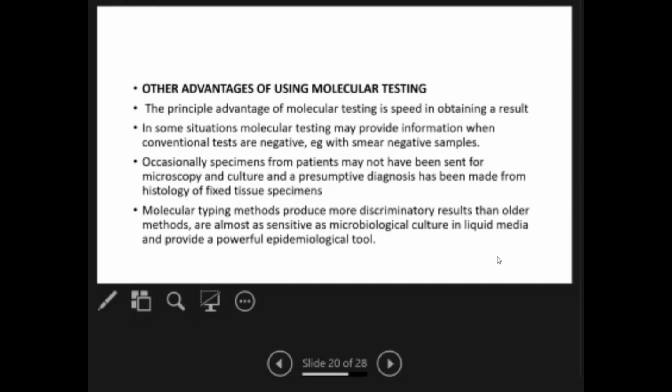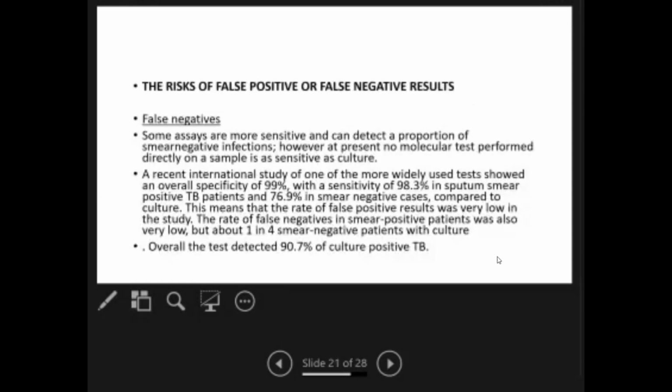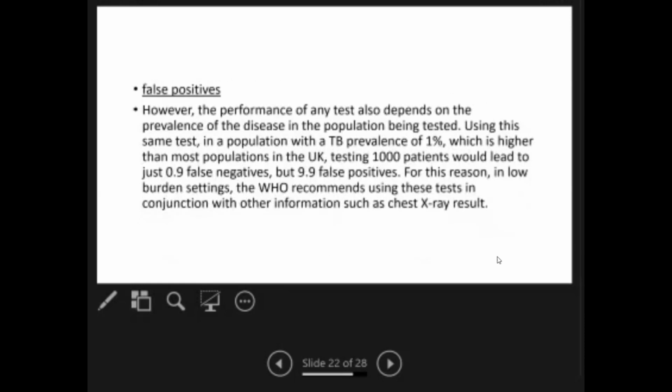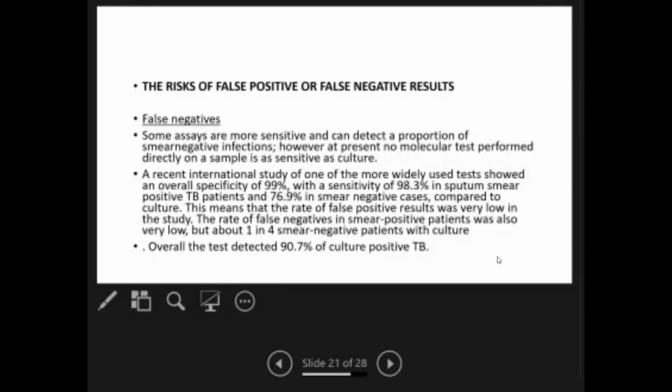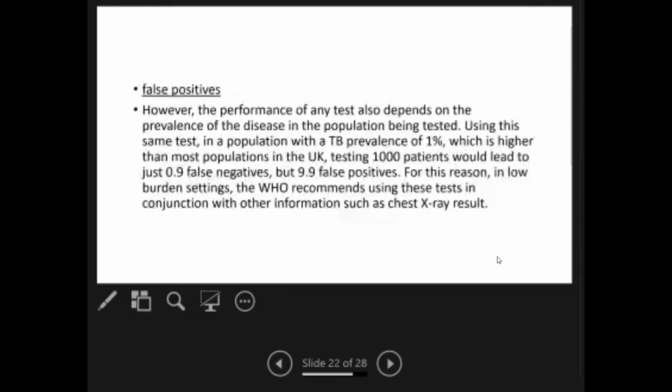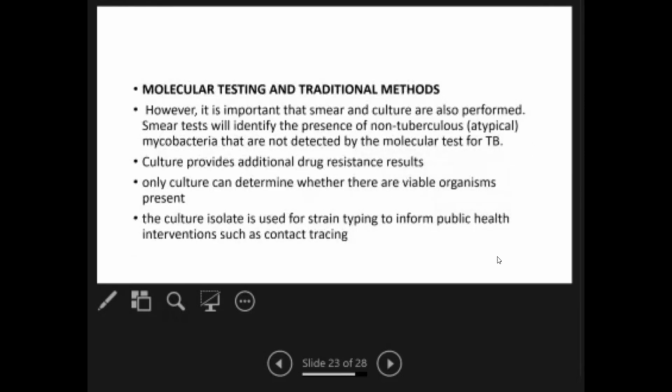Definitely, we will have newer antibiotic resistance mechanisms also. And the other most important thing is the false negatives. As I said before, this is not 100% sensitive or specific. So if you have a high clinical suspicion of tuberculosis, you need to proceed with your clinical sense as well.